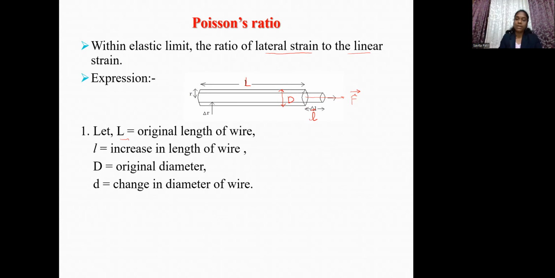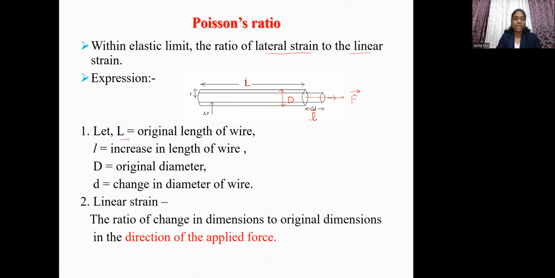At that time, strain produced in the wire is called linear strain or longitudinal strain. Linear strain is defined as the ratio of change in dimensions to original dimensions in the direction of applied force.